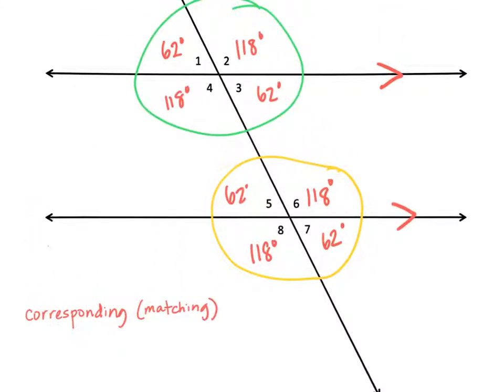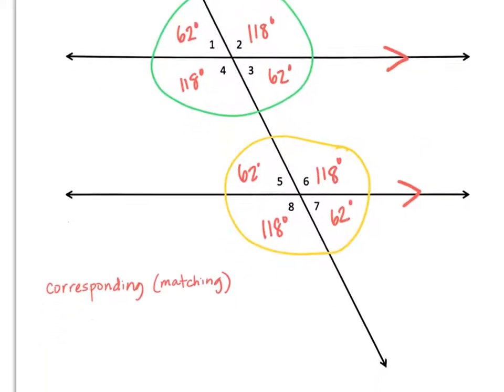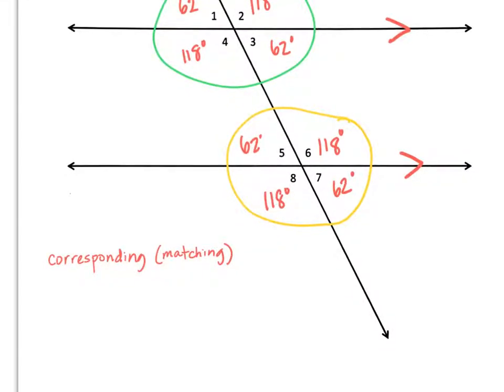Angle 1 is in this top left corner, and angle 5 is also in this top left corner, so angle 1 and angle 5 are corresponding angles. Angle 2 is in the same corner as angle 6, angle 3 as angle 7, and angle 4 as angle 8. Our angle relationships go in pairs.